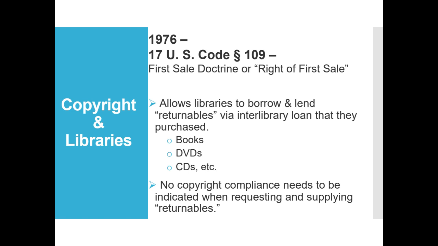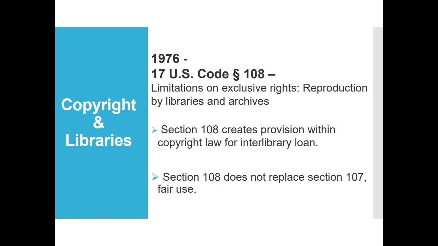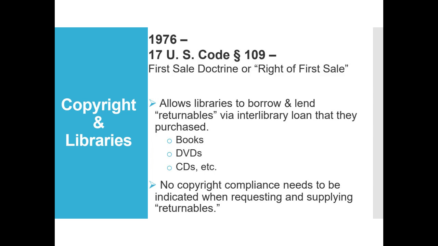So there are several sections in Title 17 that affect interlibrary loan. The first is Section 109, that's first sale doctrine or right of first sale. The way this affects libraries is that you are allowed to borrow and lend returnables via interlibrary loan that you've purchased.